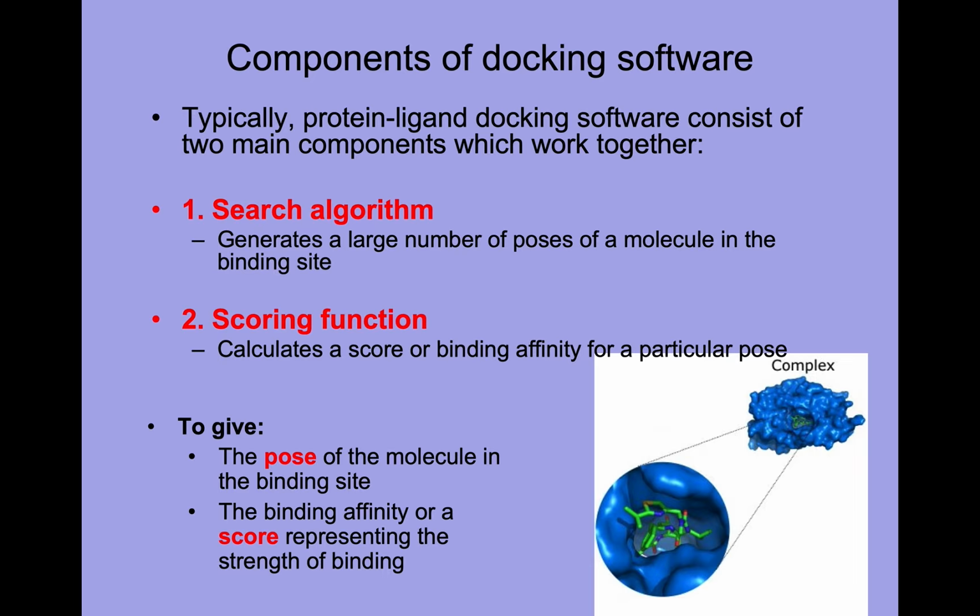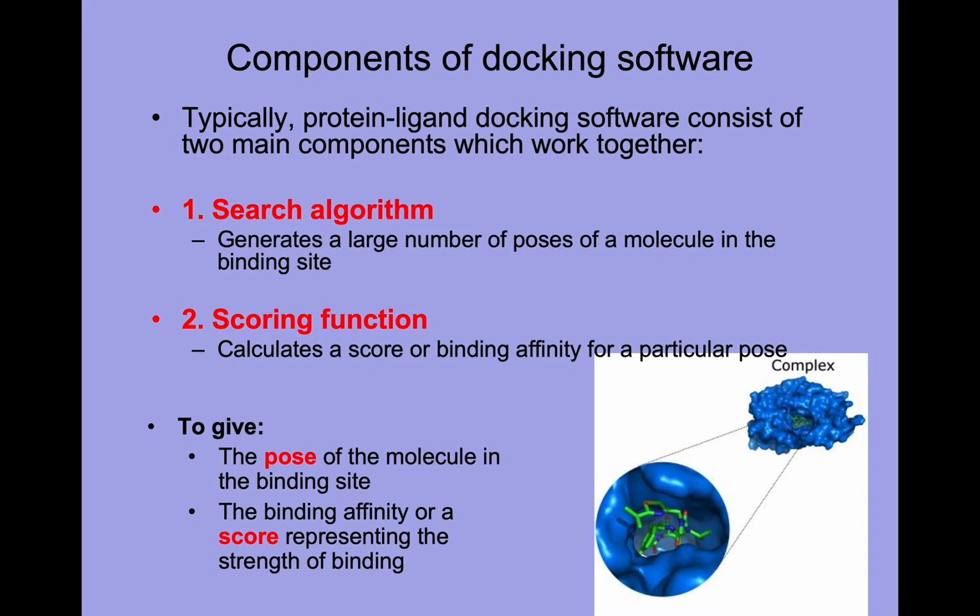The next thing is how you will decide which pose is good or not. That will be decided by the scoring function. You will calculate a score or binding affinity for a particular pose. After doing the docking, we will get the pose of the molecule in the binding site, and then we will get the binding affinity or a score representing the strength of binding of the molecule.